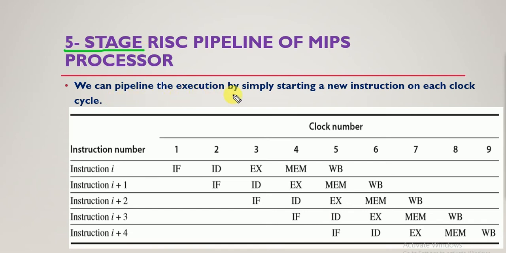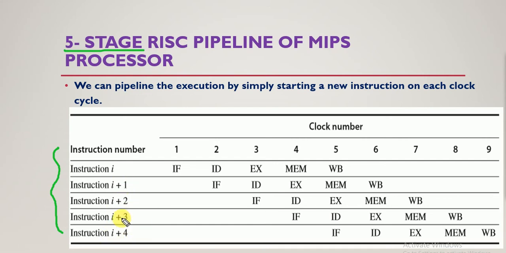We can pipeline the execution by simply starting a new instruction on each clock cycle. Just look at this example. On the Y axis is the instruction number. This is the first instruction, instruction I, then the next instructions I plus 1, I plus 2, I plus 3, I plus 4.